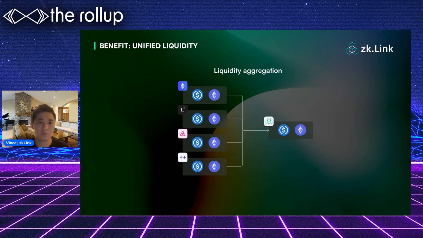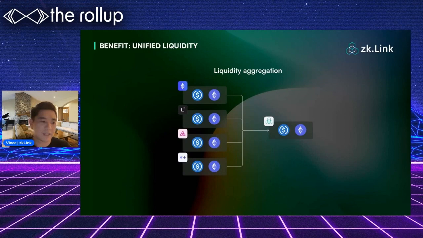Each of the layer 2s will have their own liquidity system and will have the users. And when users go to each of the layer 2s, they will need to bridge their funds over. And the more layer 2s, the more rollups we have, the more liquidity fragmentation we're going to see.